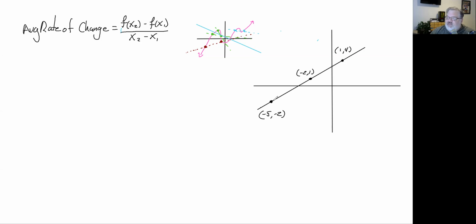Well, if we wanted to use this formula to find the rate of change between this point and this point, versus finding the rate of change between this point and this third point, or even the rate of change between just these two, all those rates of change would be the same because the slope is the same.